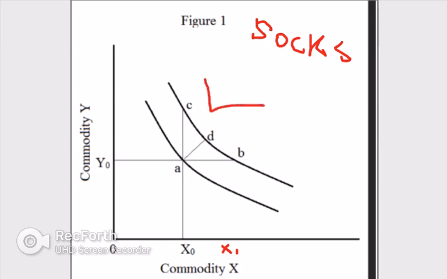So your utility would look something like that, a right angle. So you'd see 1 sock there, 1 sock there. You're no better off if you have 2, 3, 4. You're not going to be better off because you can only use each of them.